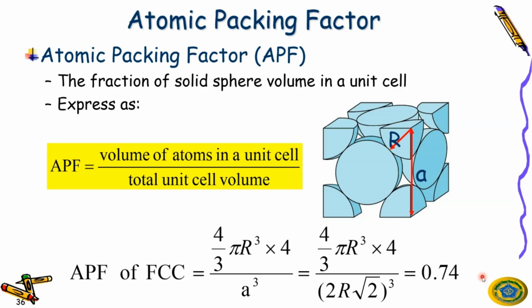For the BCC, that will be 0.68. For the SC, you will have 0.52. So which one is the highest packing? 0.74, right? Okay, so that means 74% of the volume is occupied by atoms in a unit cell.